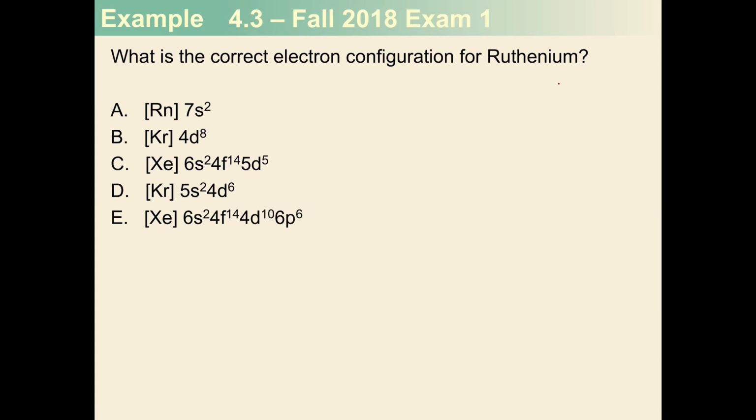If that is the case, you will come to find out that it is krypton, which is the noble gas previously before, 5s2, and because it has only 6 electrons in the d orbital subshell, this is going to be answer D.